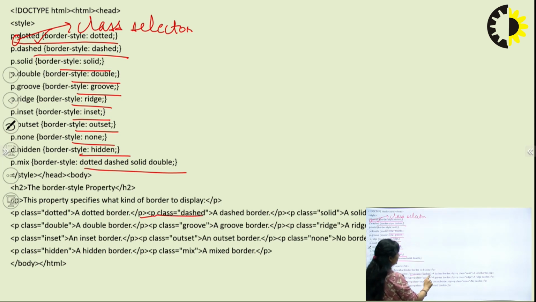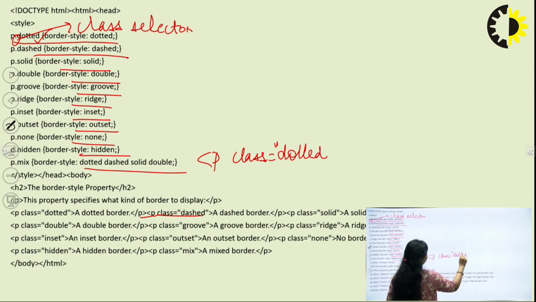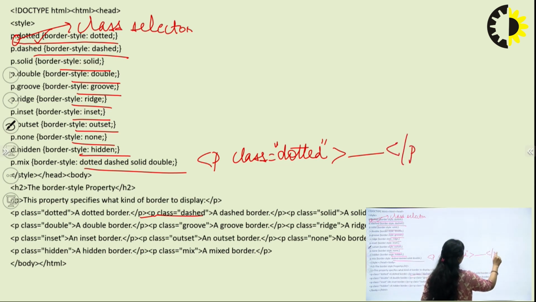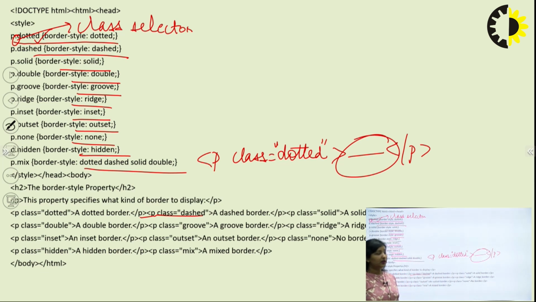So for the dotted, I just have to write p class equal to dotted, and this tag will be closed. Now whatever text is written over here will have a border of the dotted nature, which has been specified in this dotted. So accordingly, whichever border is required, that particular CSS can be used.